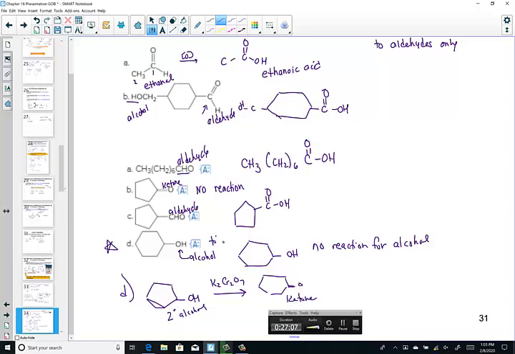But Tollens reagent does not oxidize alcohols, therefore it remained an alcohol with Tollens reagent. If the reagent had been potassium dichromate, it would oxidize the alcohol into a ketone.